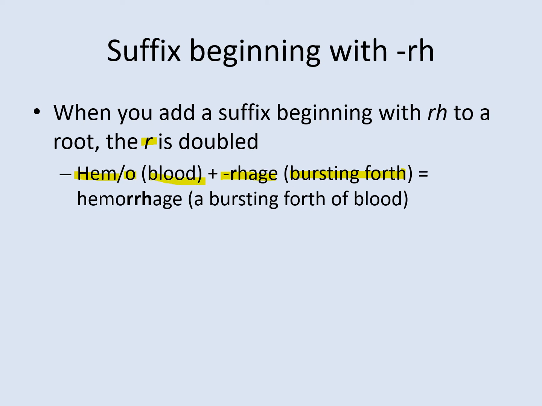So you have a bursting forth of blood, a hemorrhage. So here you see the RH being replaced or added to a double R. So you have hemorrhage, two R's in this case.